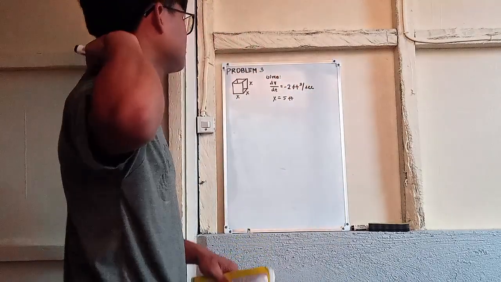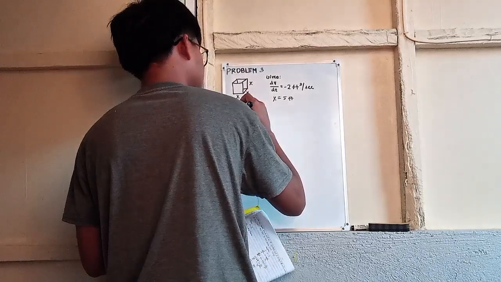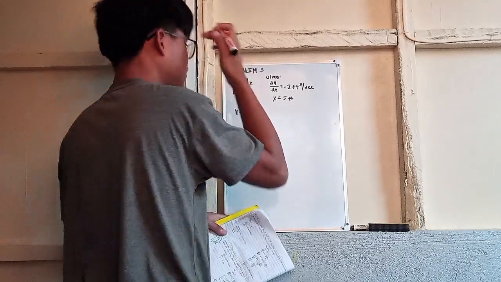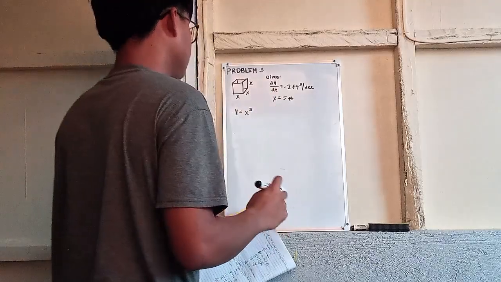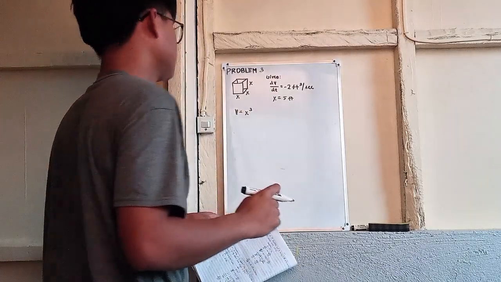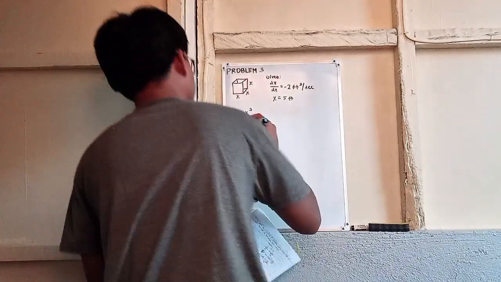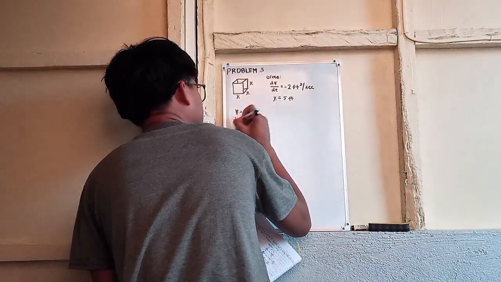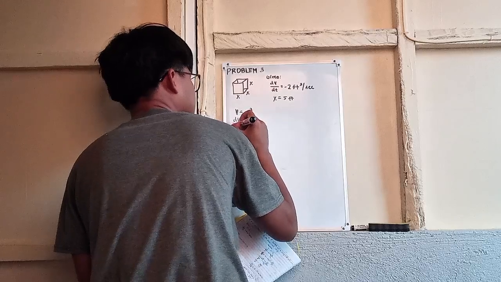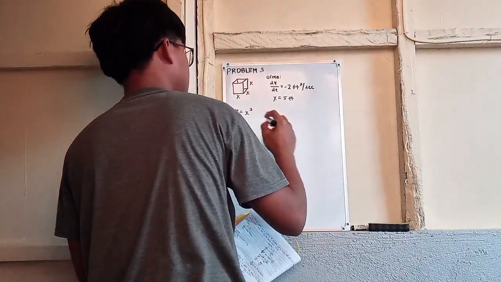So we all know that the formula for the volume of a cube is equal to x cubed. Then we will derive the formula with respect to time, dV over dt.